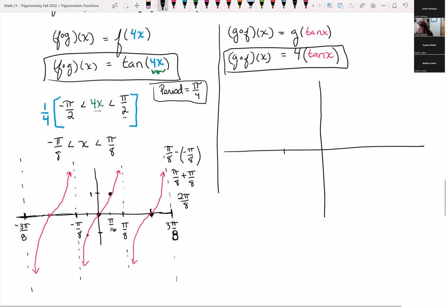And so negative pi halves and pi halves, those were our asymptotes with a period of pi.